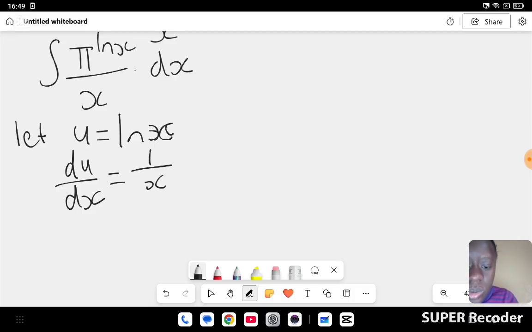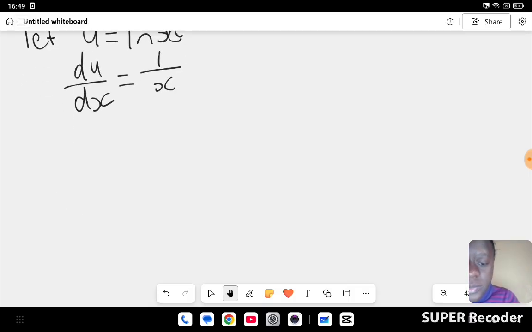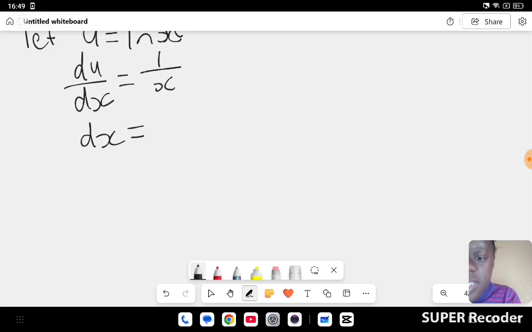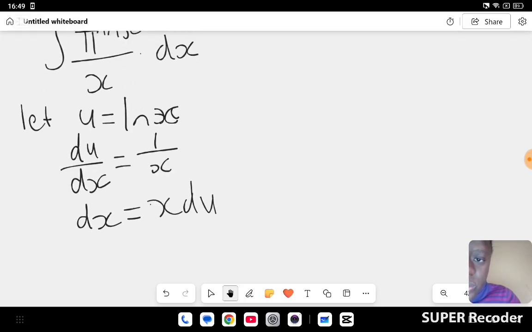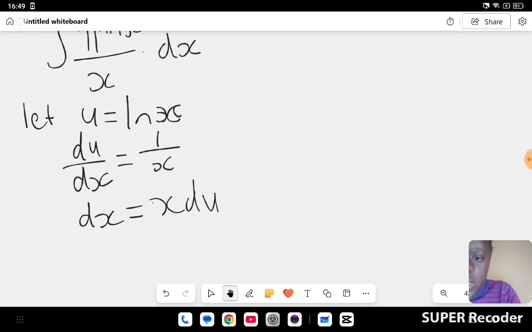So let's make dx the subject of the formula. dx is equal to x du. So let's substitute this back to our equation.